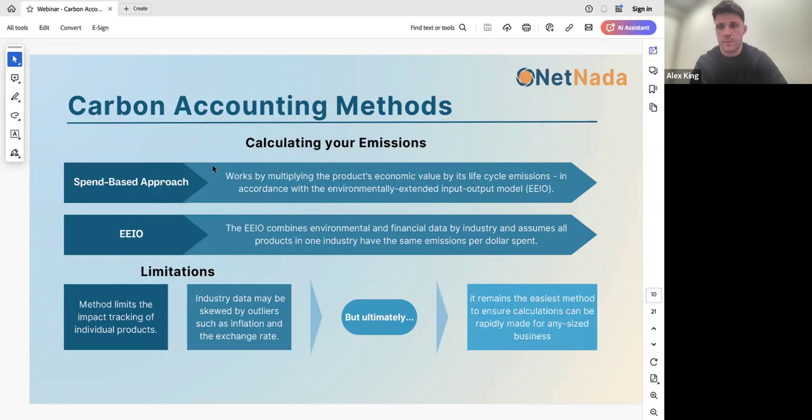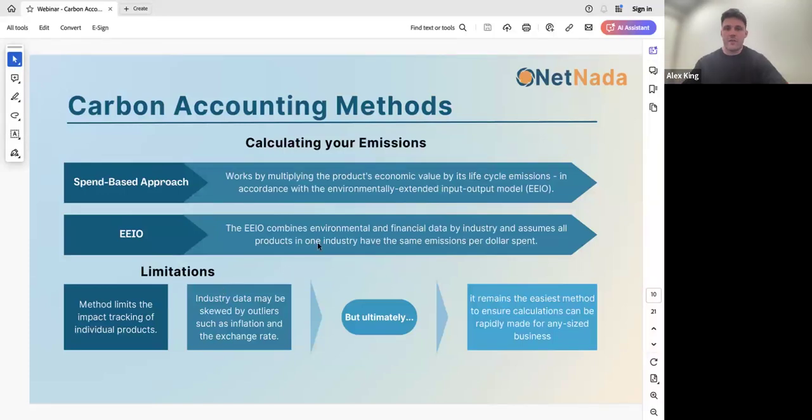not just certain areas, the easiest way it's done is by spend-based analysis. Now, this is when we look at all the transactions of a business, and each transaction is allocated a specific emission factor. We're going to break this down a bit simpler in a second.